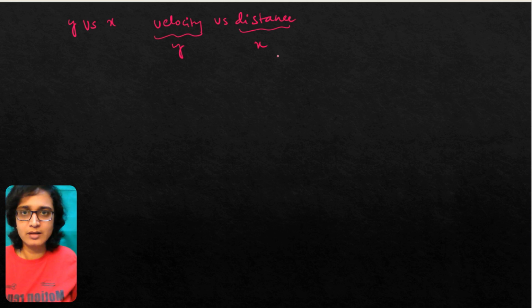You have to take it like that. So whatever the graph, write the equation in the form of y is equal to mx plus c, or y is equal to m by x, or y is equal to e power x, like that.